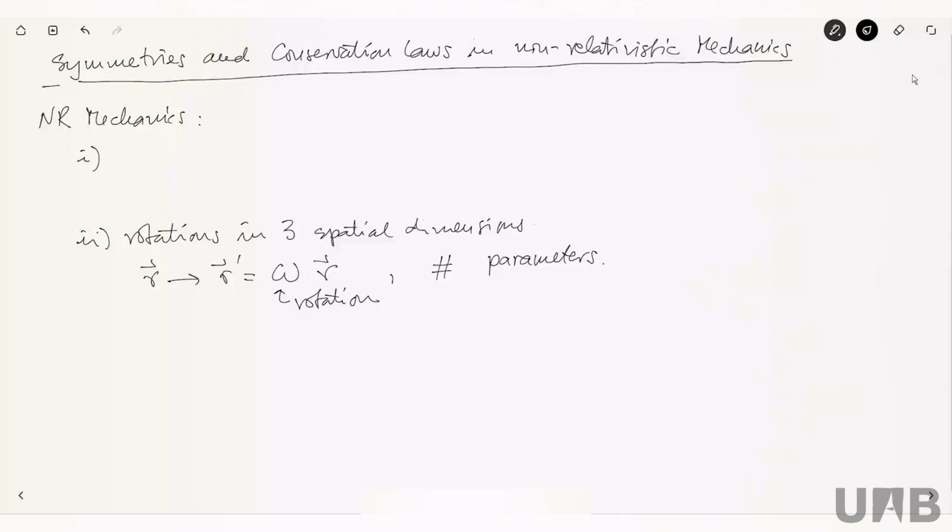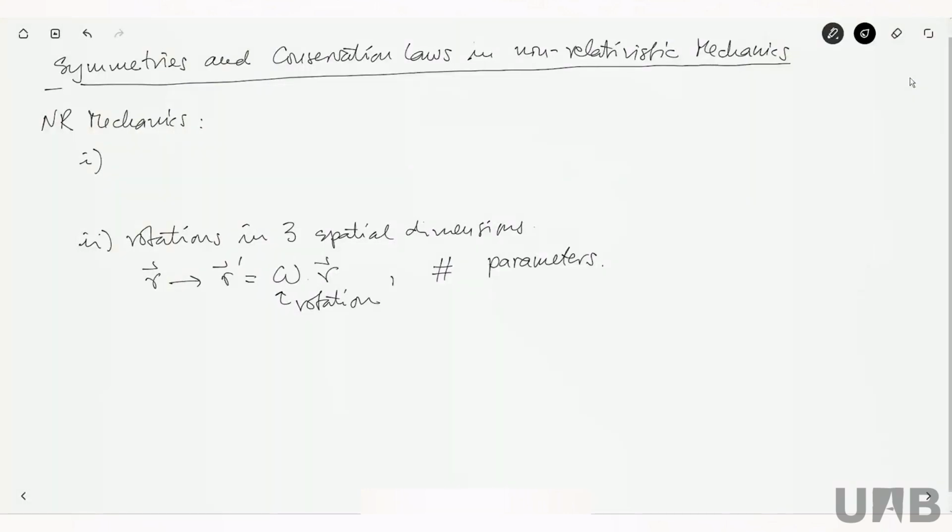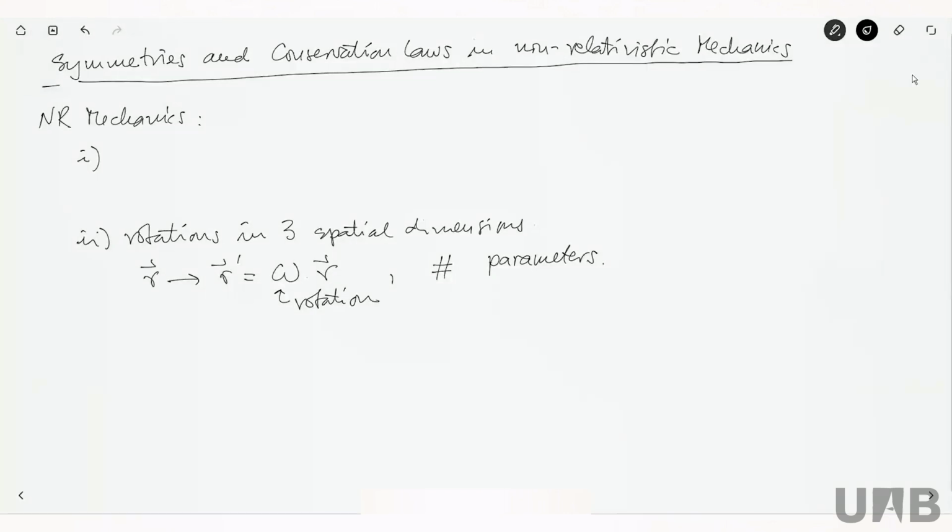Yes, for it to be a rotation, it has to belong to the orthogonal group. Yes, exactly. It has to be an element of the orthogonal group. The transpose doesn't have to be the same as the matrix, but the transpose has to be the inverse of the matrix. Okay, good.